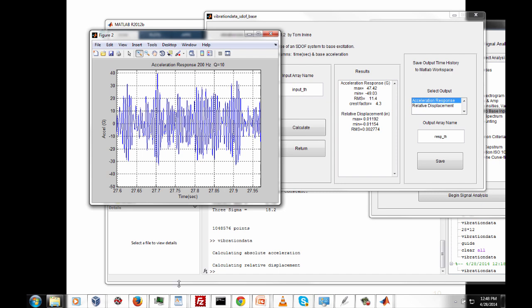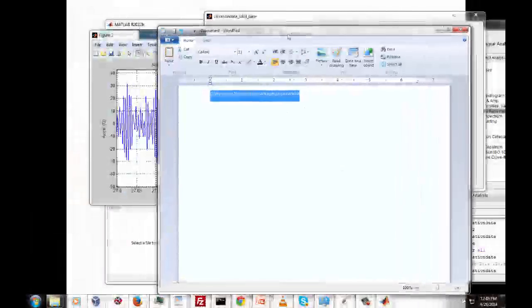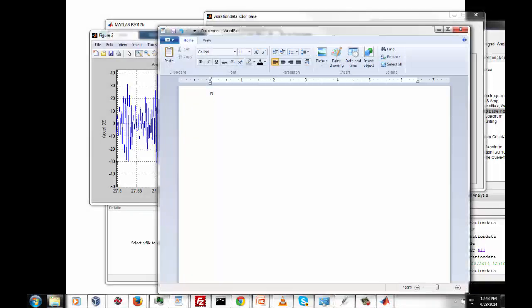So we need a new way to describe this signal. And the new way we're going to describe this response, we're going to call it a narrowband random response. So we have a narrowband random response, and that's the response of the single degree of freedom system to the random base input.